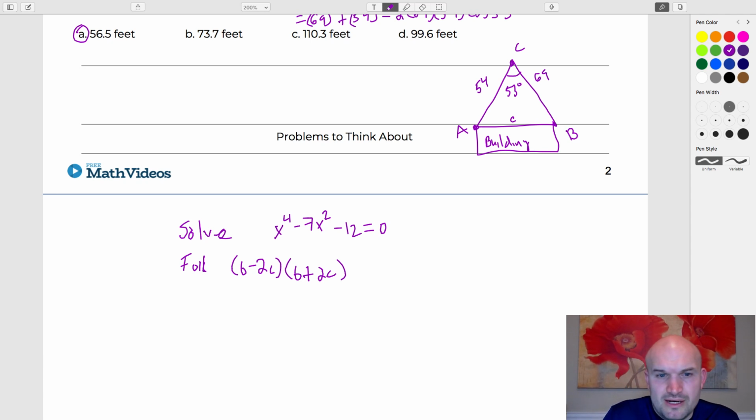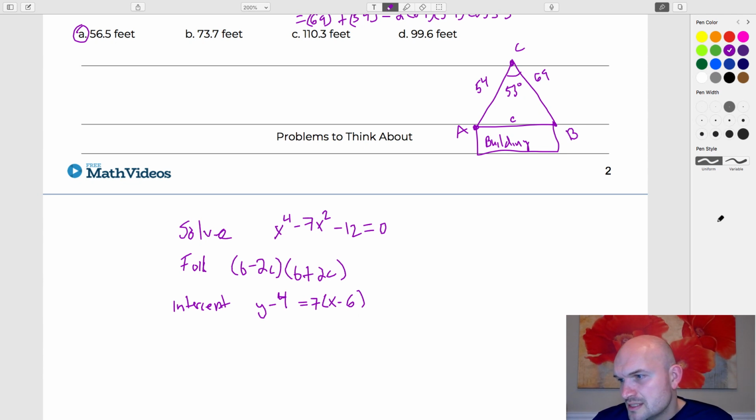Find the intercepts. All right, I can do that. This one comes from Sizzy La Loca: y minus 4 equals 7 times x minus 6. So that's to find the intercepts.